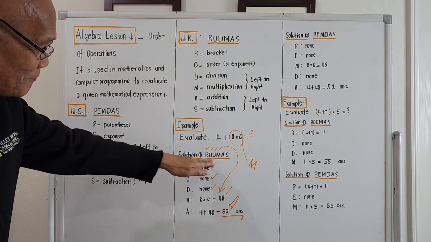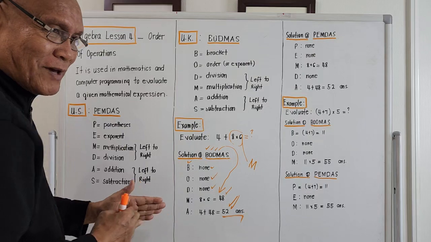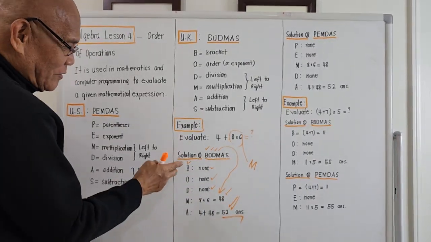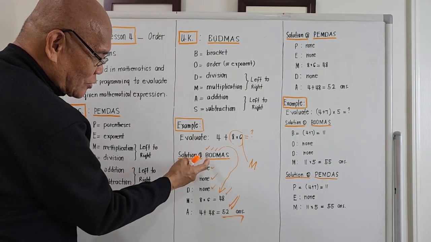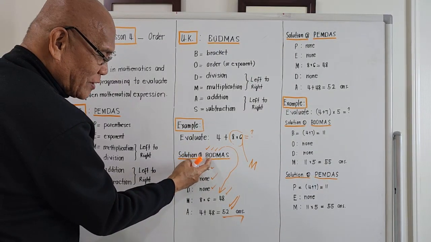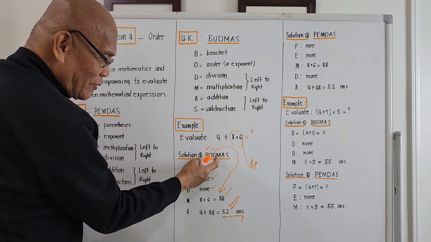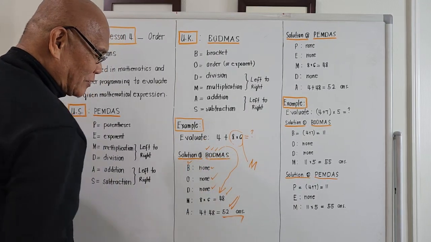So by following the BIDMAS here, I am in the correct sequence. I am not violating anything because under BIDMAS it says you simplify first all those terms with the bracket, those with order or exponents. The next one will be division. The next one will be multiplication. The next one will be either addition or subtraction.